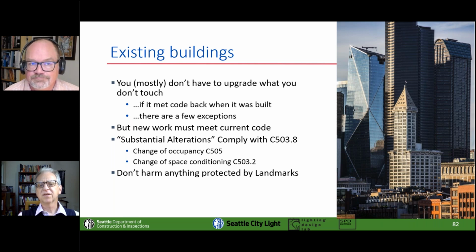Same with a change of occupancy from something funky like a factory or a warehouse to something more polite, or change of space conditioning, from an unheated building to heated or heated only to heated and cooled. All 3 of those, along with subalts, are going to be treated not entirely as a new building, but close to it. And finally, anything that Landmark says, don't touch that.